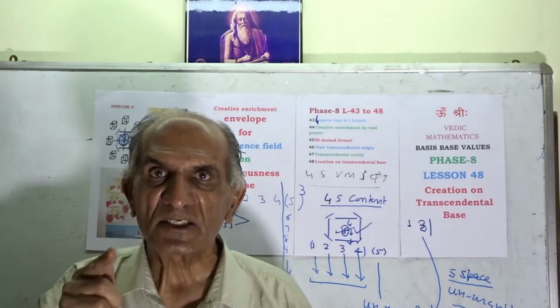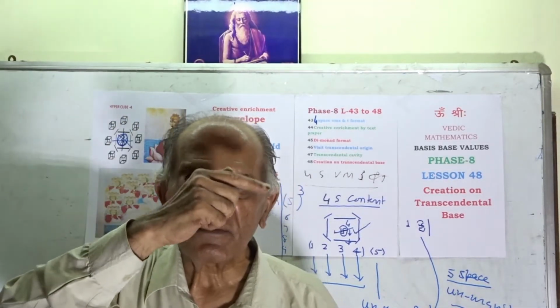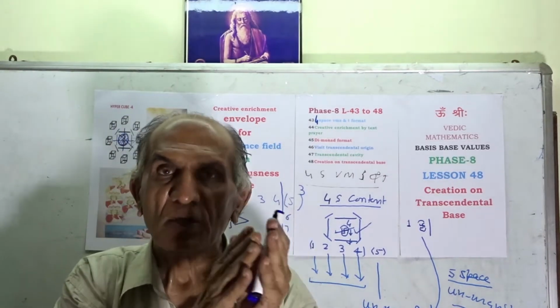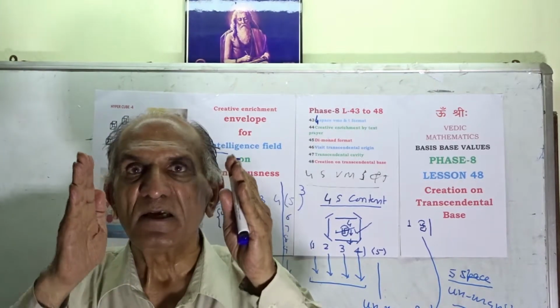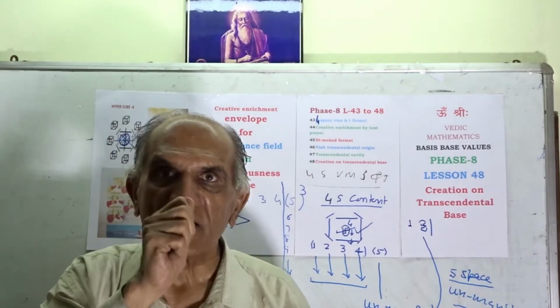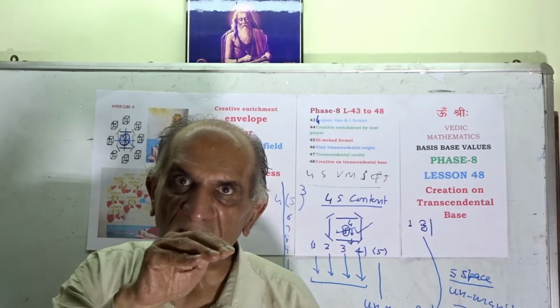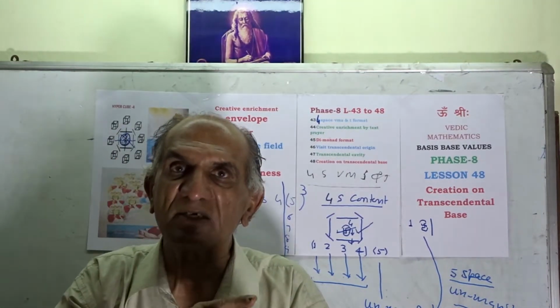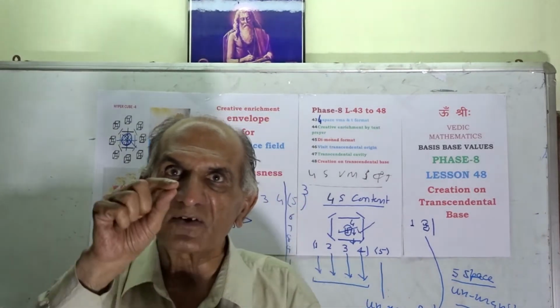So the intelligence field within the creative envelope will go parallel to the format of the transcendental cavity itself getting fixed.